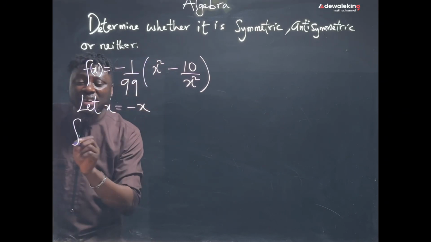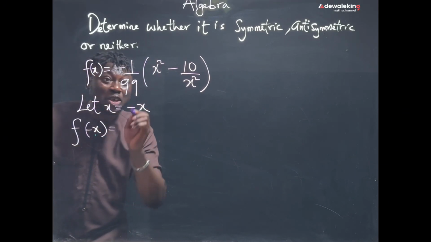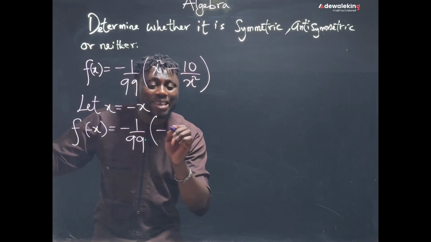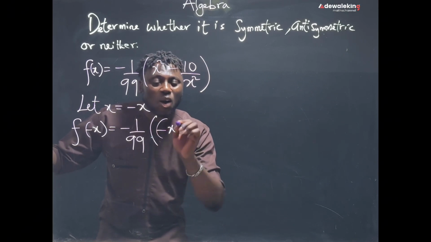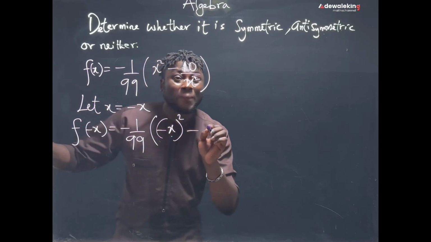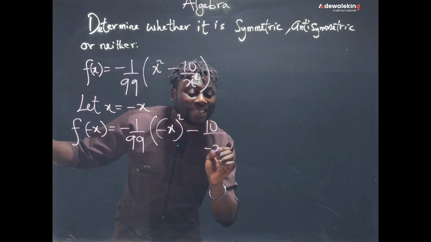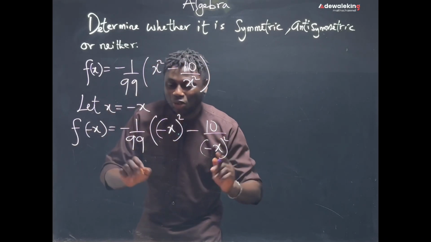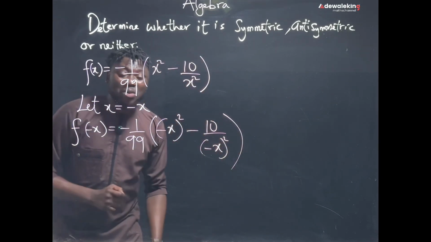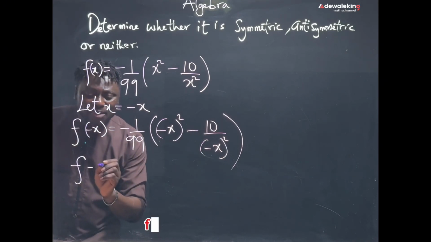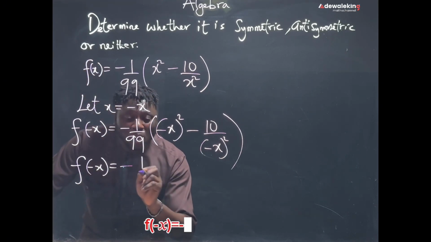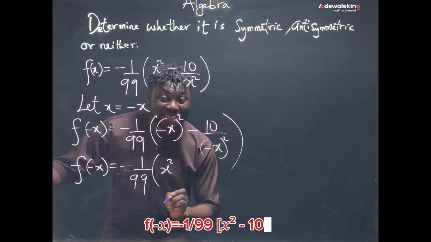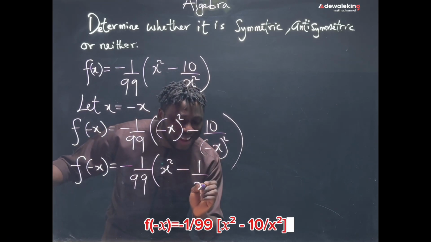So from here we have f of negative x equals minus 1 all over 99 bracket negative x squared minus 10 all over negative x squared, close bracket. From here we can see that f of negative x is the same thing as minus 1 all over 99 open bracket x squared minus 10 all over x squared.